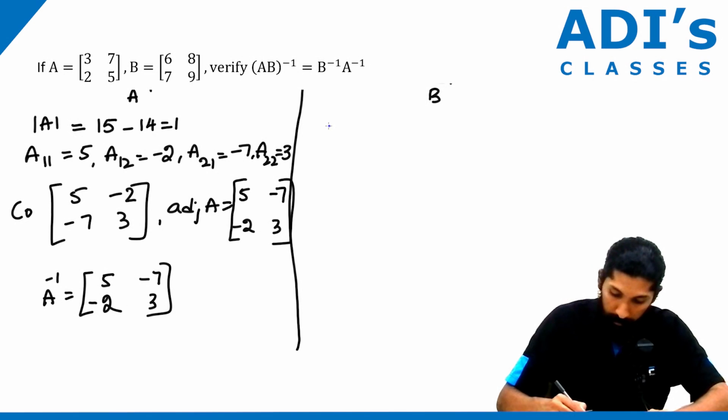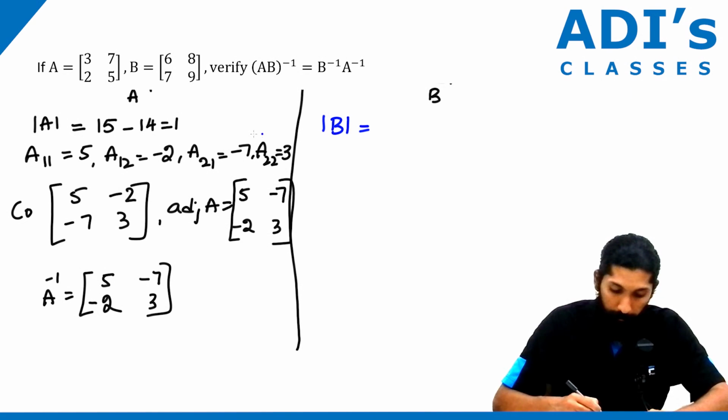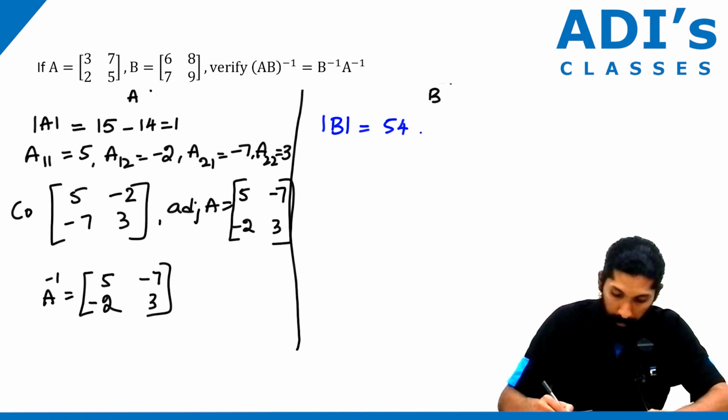For B inverse, first we'll calculate the determinant of B. Determinant of B: first is 6 into 9. Not 5, it's 6. 6 into 9 minus 8 into 7, which is minus 2.